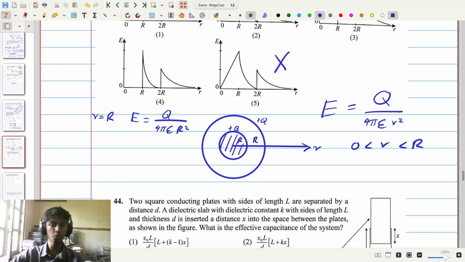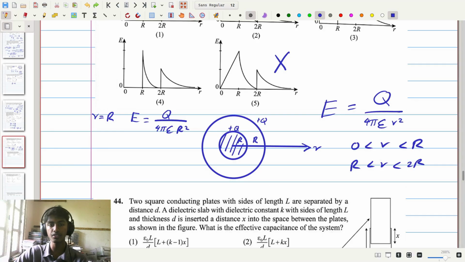Now as we go outward, consider the range from r equals capital R until r equals 2 times capital R. Between those two surfaces, for any Gaussian surface, the charge inside will be just plus Q. So along that range, until we get to 2R, we should have the same variation of the electric field intensity downward like this.